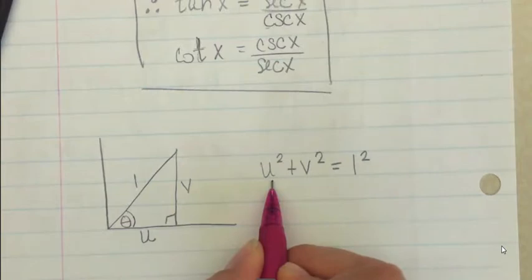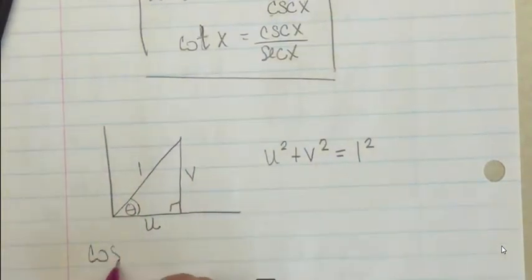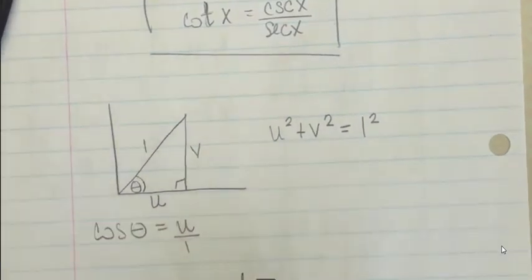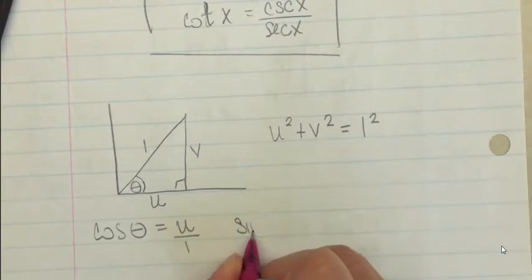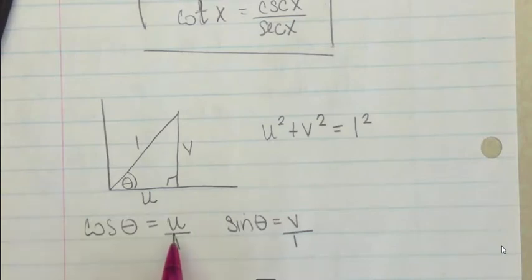Well, think about this. If we think about the cosine of theta, you're going to get adjacent over hypotenuse. And if we think about sine of theta, you're going to have opposite over hypotenuse. So really, cosine of theta is going to be u, and sine of theta is going to be v.